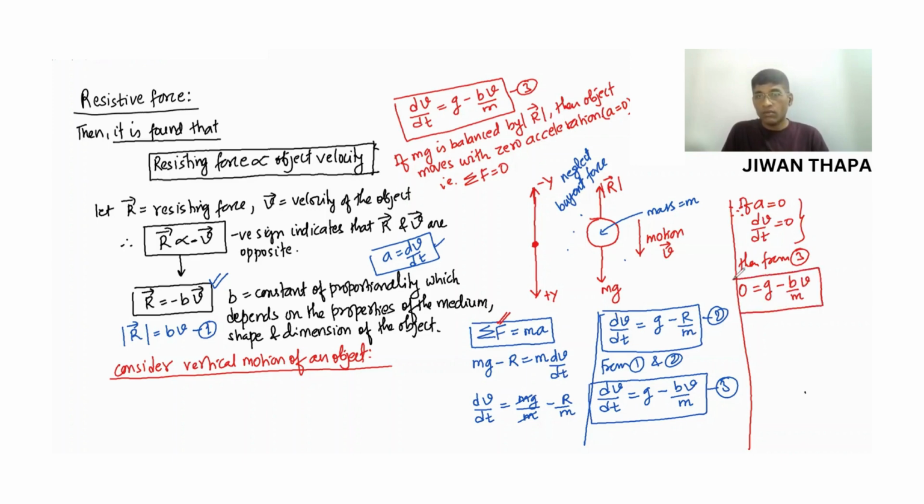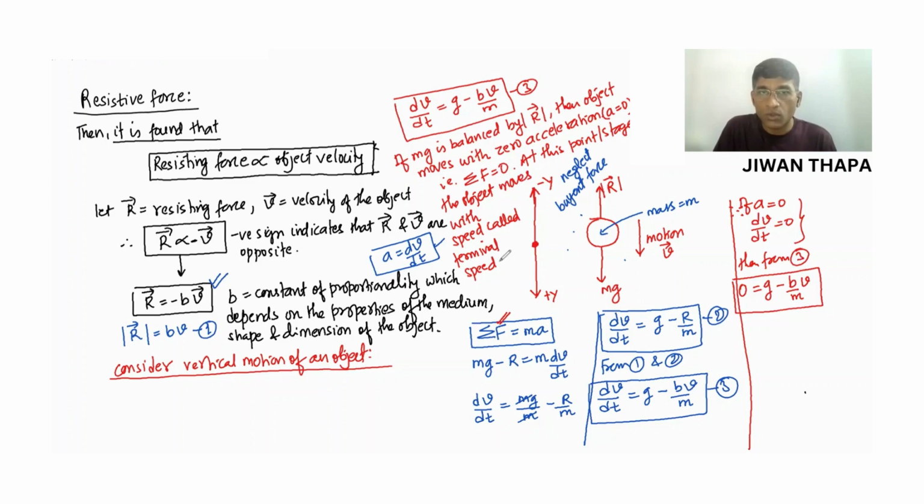If the object moves with 0 acceleration, then at this point or stage, the object moves with a speed called terminal speed.